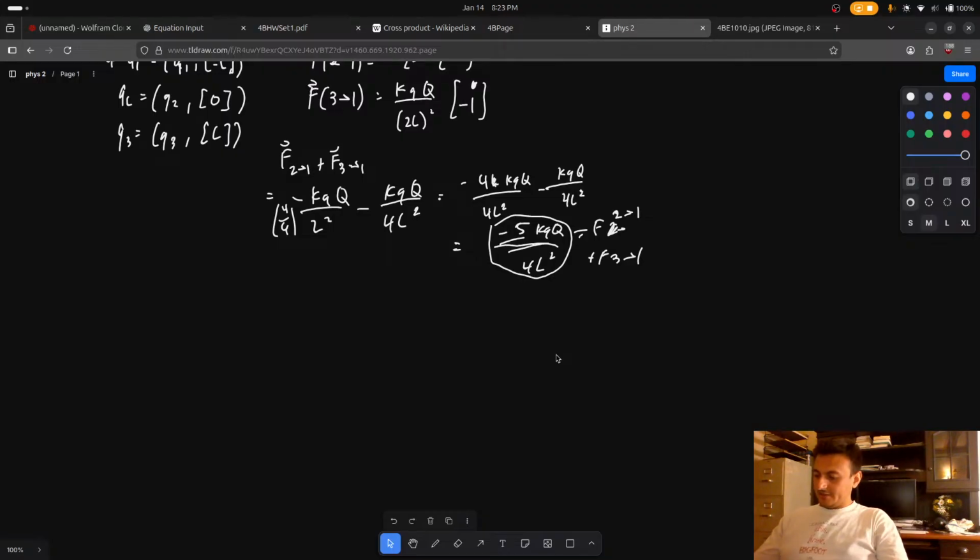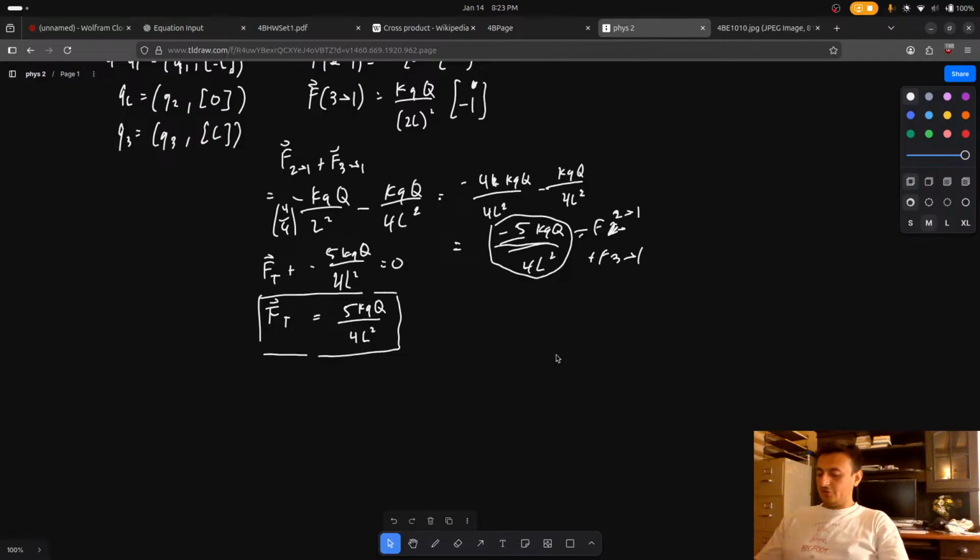So then Ft plus minus 5KQ over 4L squared equals 0. Ft is equal to, so the norm of that, right?